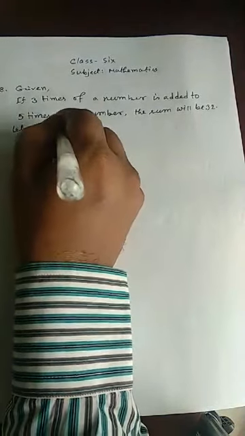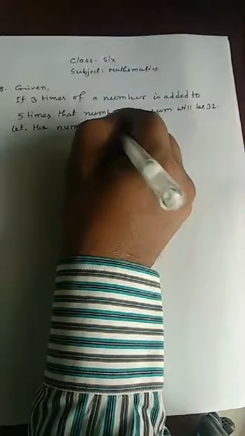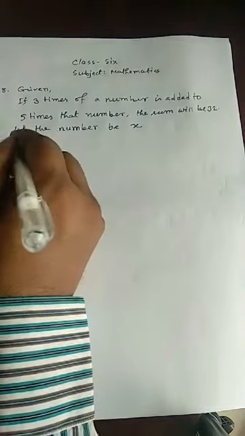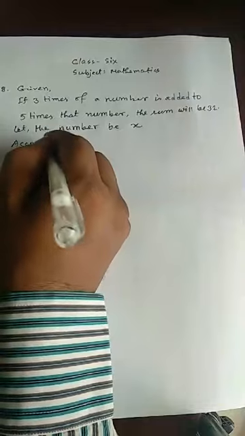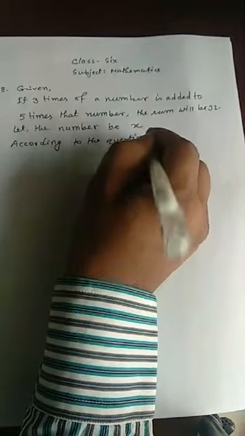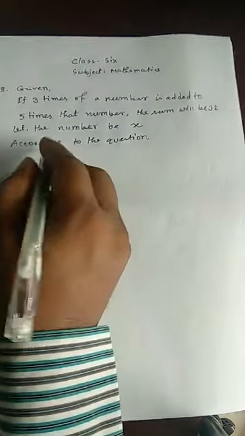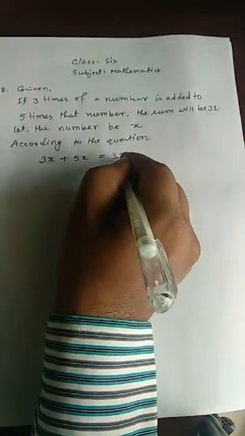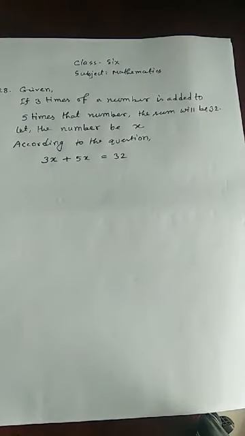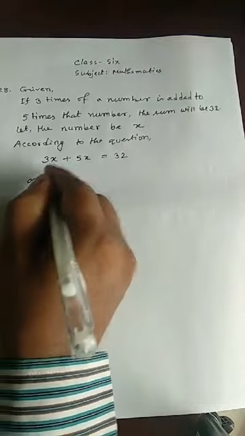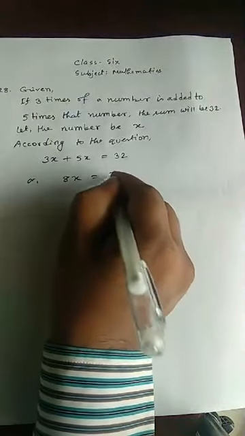Let the number be x. According to the question, 3x plus 5x equals 32. Or 3x plus 5x, it will be 8x equals 32.